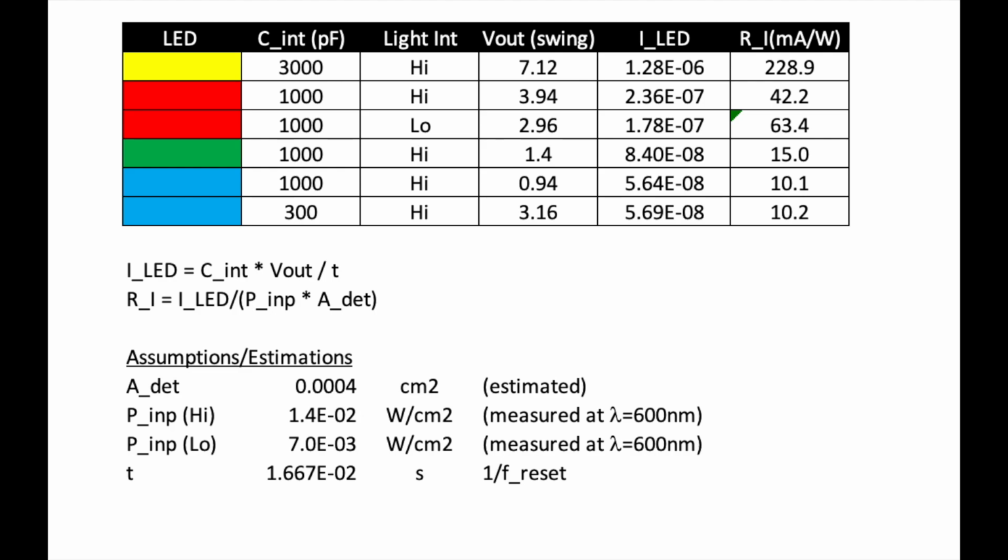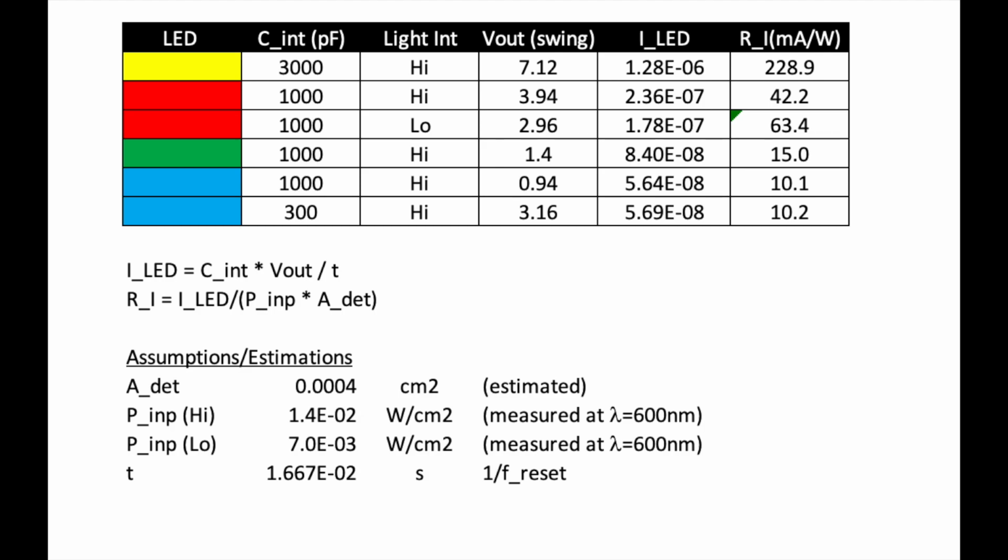Now the red LEDs were a little bit weaker in terms of responsivity. I did two measurements with the high and low power settings, using an integration capacitance of 1000 picofarad or 1 nanofarad. I should have gotten the same responsivity, because I was decreasing the light, so I should have seen exactly the same change in the voltage.